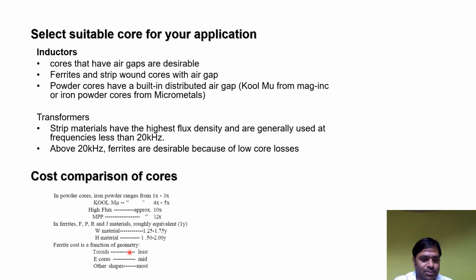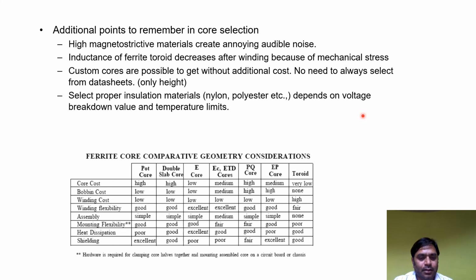The ferrite cost as a function of geometry: toroids will be the least, E cores will be medium, and other shapes will be the most costly. This is what we should always consider while designing any component and selecting its raw materials.